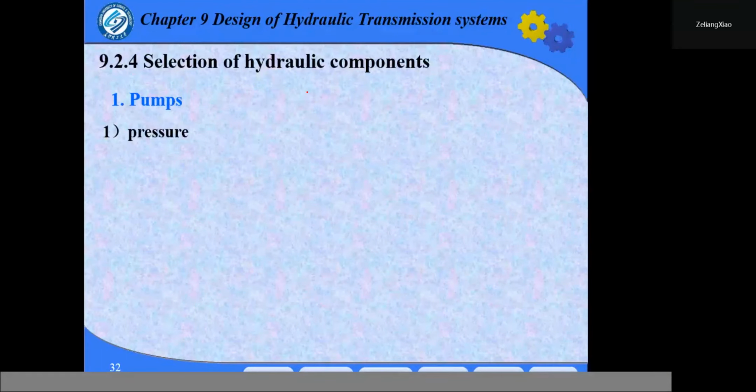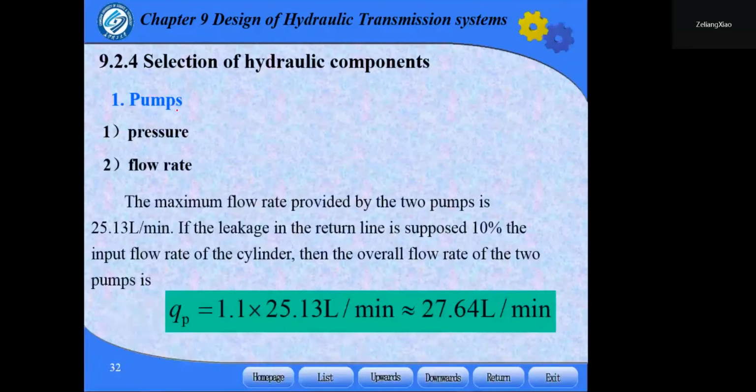9.2.4 Selection of hydraulic components. Pressure. For the pump, the two critical parameters are the pressure and the flow rate.